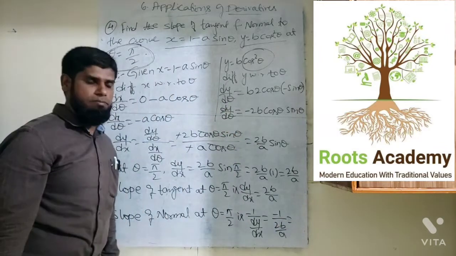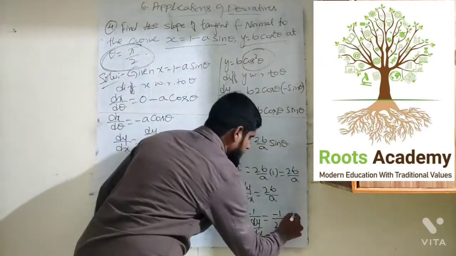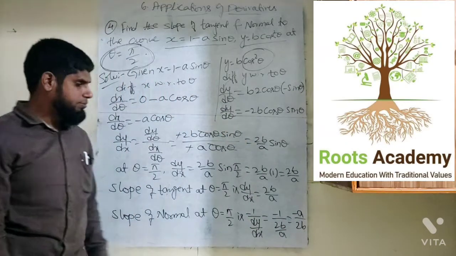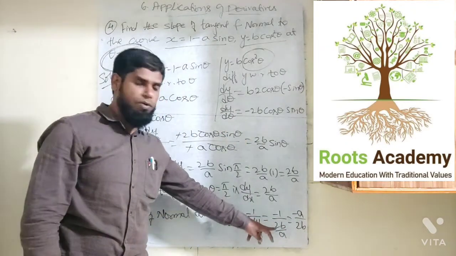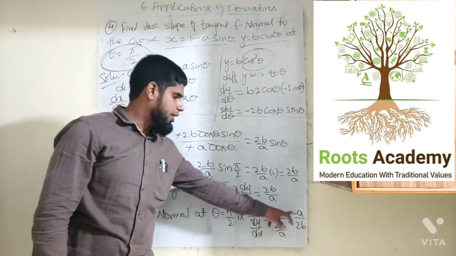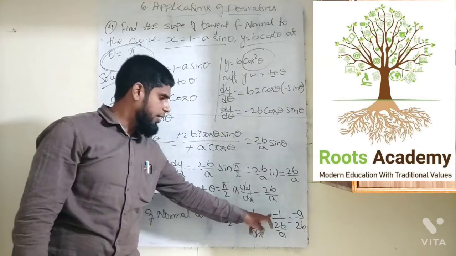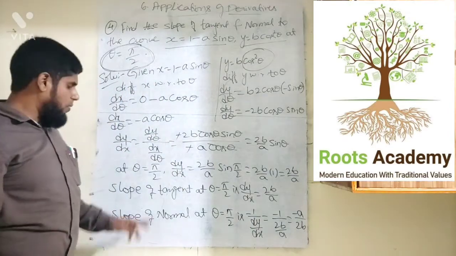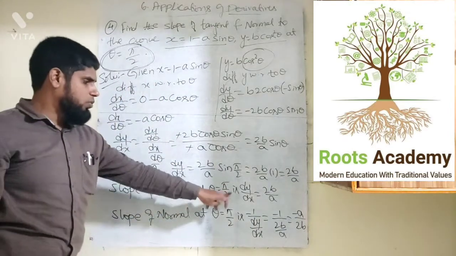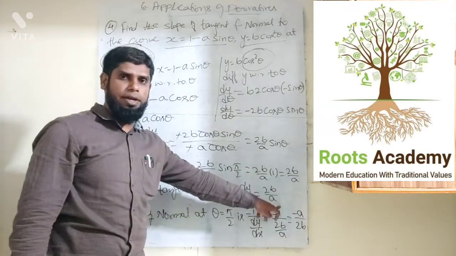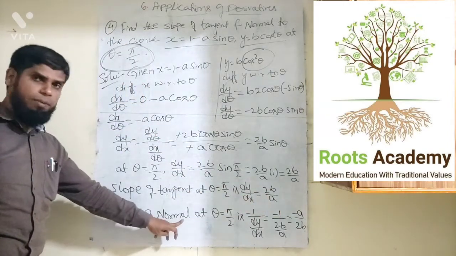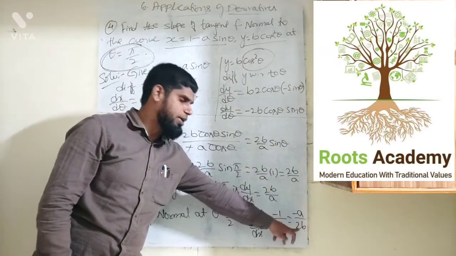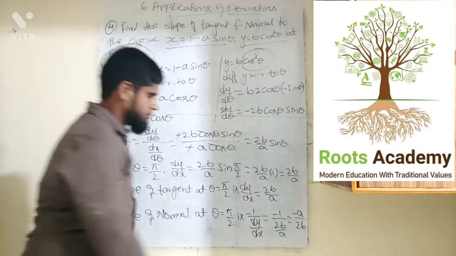Finally, this becomes minus a divided by 2b, because the reciprocal of 2b by a is a by 2b, and this negative as it is. So our slope of tangent at theta is equal to pi by 2 is 2b by a, and our slope of normal at theta is equal to pi by 2 is minus a divided by 2b.